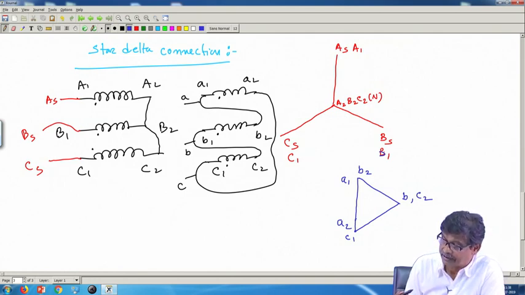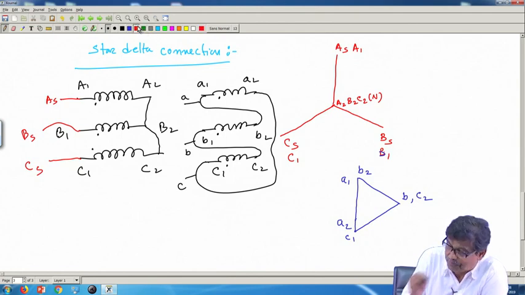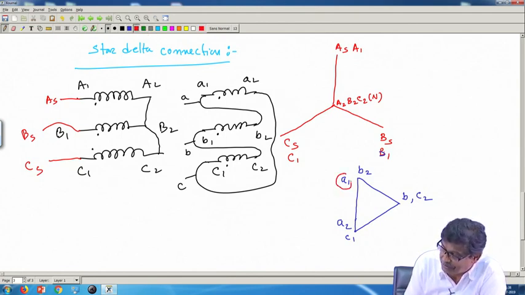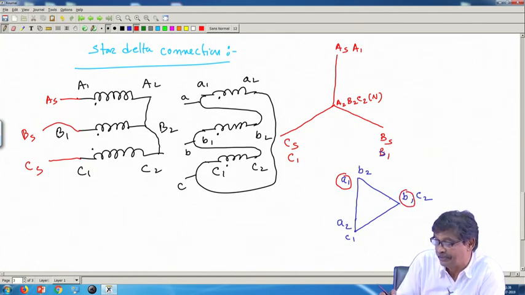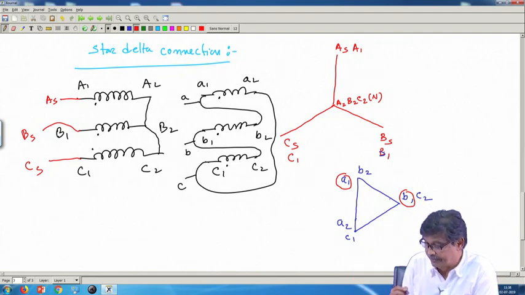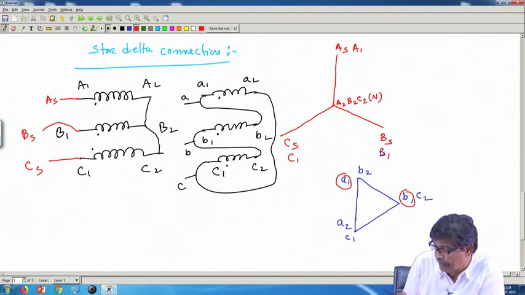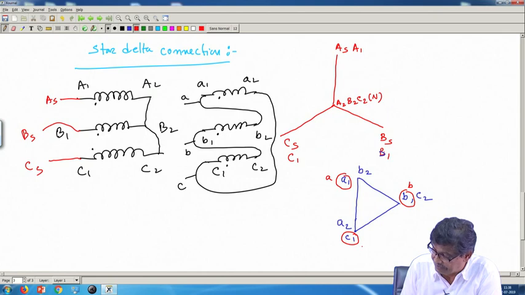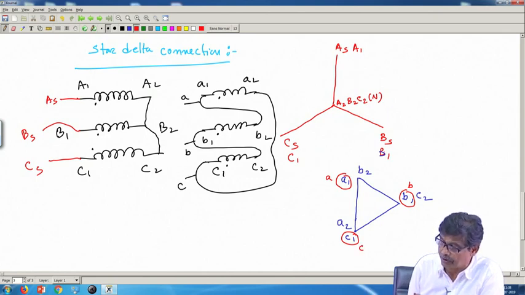So, it is a valid delta connection, and then I am telling mark this, please follow the instructions carefully, so that you will never make mistake while working with a 3-phase transformer in the laboratory or in the site. So, A1 B1 C1, these are the things, this is A, this is my B, this is C. So, balanced 3-phase voltage will be obtained.